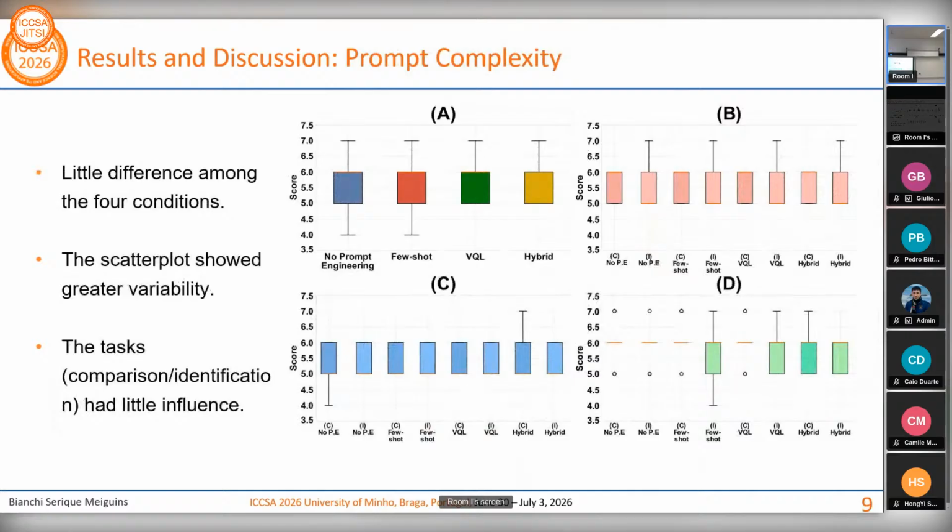Regarding the prompt complexity, there was little difference among the four conditions. In general, the participants produced prompts with similar levels of structure. However, scatter plot showed great variability. The type of the task, comparison or identification, had little influence on the complexity of the prompts.